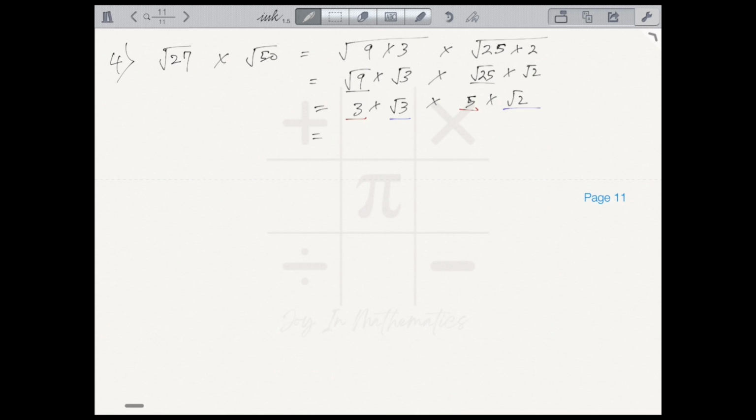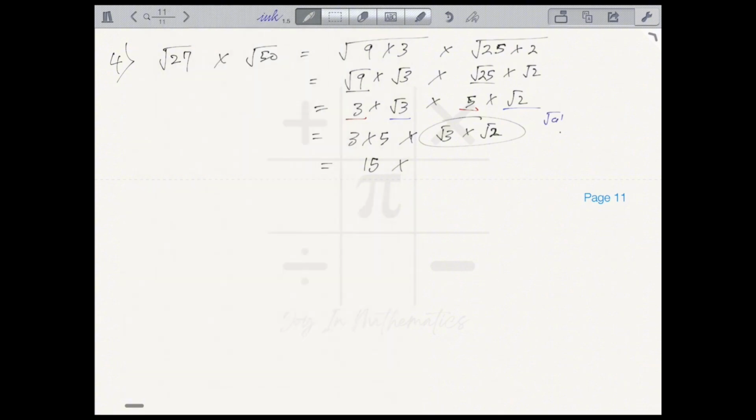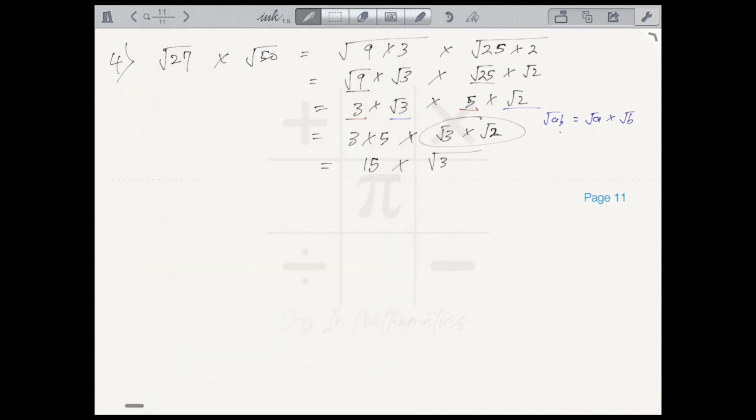We call them whole numbers. So this will be 3 multiplied by 5 multiplied by root 3 multiplied by root 2. 3 multiplied by 5 is 15, and we can perform the multiplication law of surds here, which states that root AB is equal to root A multiplied by root B. So when we do this, we have root 3 multiplied by 2, and this will be 15 multiplied by root 6, which gives us 15 root 6.